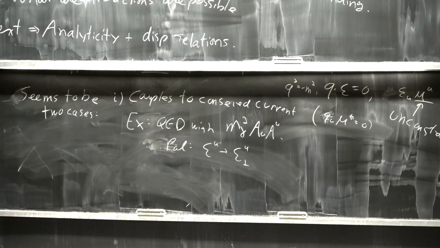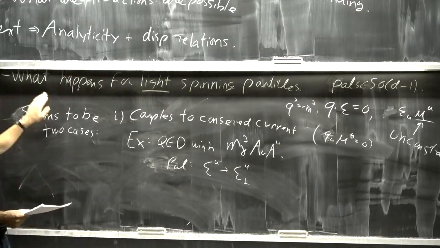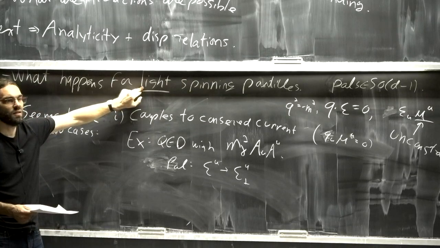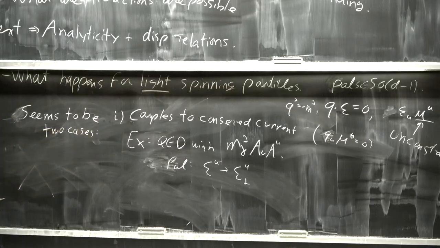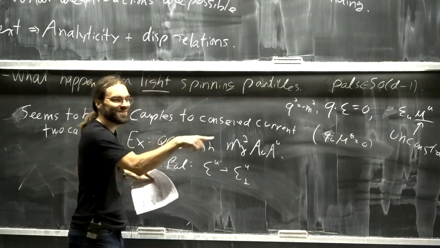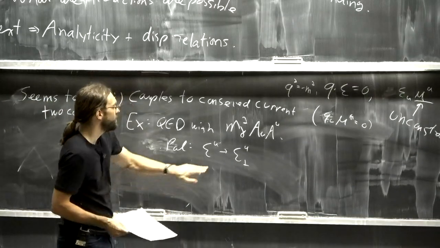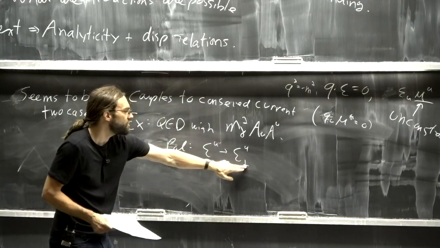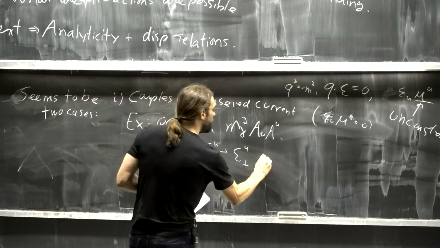And I assume that the spinning particle is light, which means that you should think of it as moving very fast, so it's almost like null, almost like massless. So why is massless a big deal? Well, it has a perpendicular polarization that behaves like the one for the massless particle, but in addition, you have a longitudinal polarization.